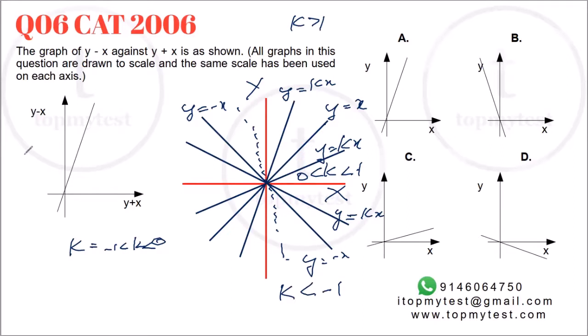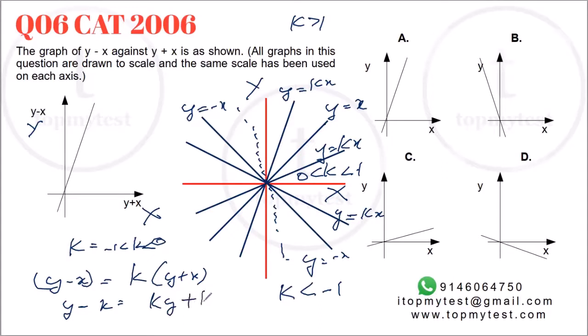Okay, so now if you were to do it in a similar manner here, if I call this x and this is y, this will be of this format where k is greater than 1. Let's rewrite this. So you'll have y minus x should be equal to k times y plus x. And I know k is greater than 1. Let's rewrite this. So you'll get y minus x is equal to ky plus kx. Let's rewrite this.